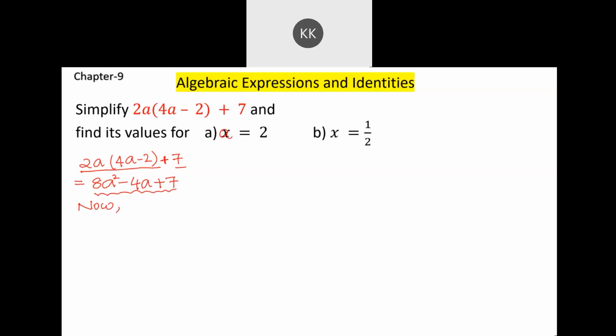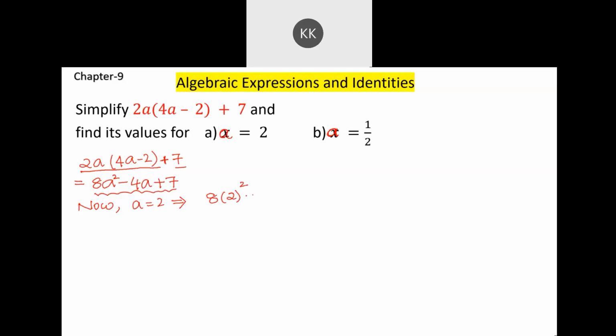Now, if a value is 2, we have to substitute in the place of a as 2.